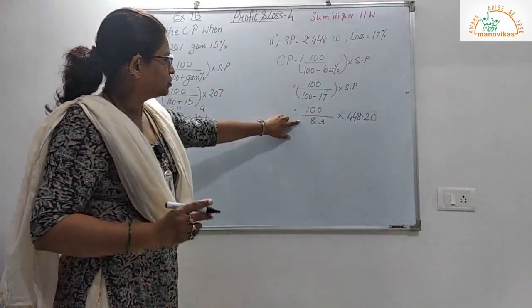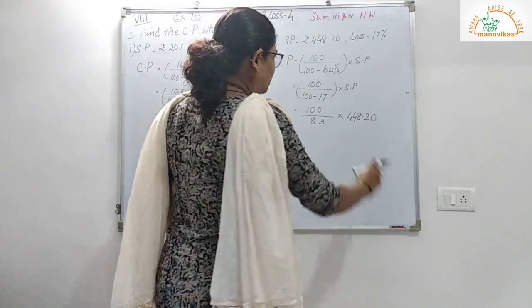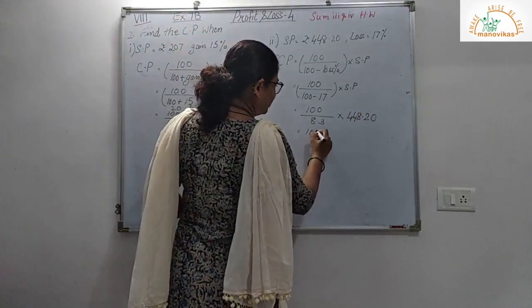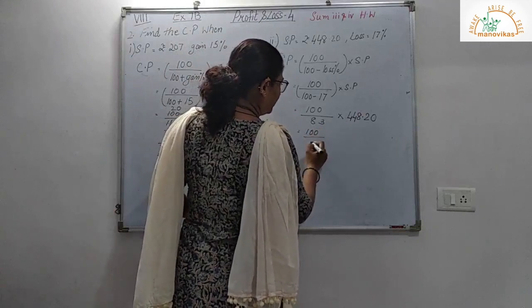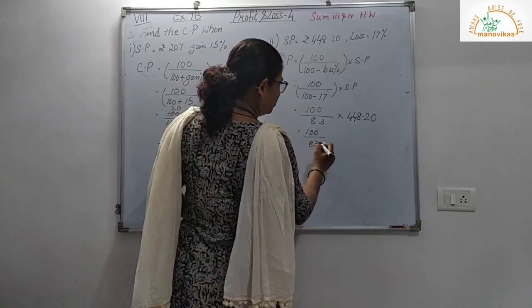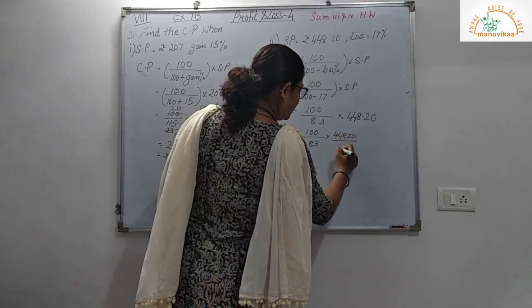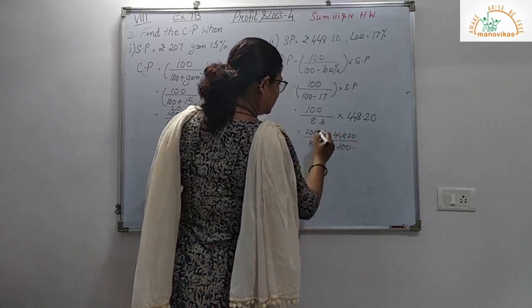Right? Now let us solve it further. If I remove this decimal point, I can get it as 100 divided by 83 into 44820 divided by 100. So I can cancel out this.